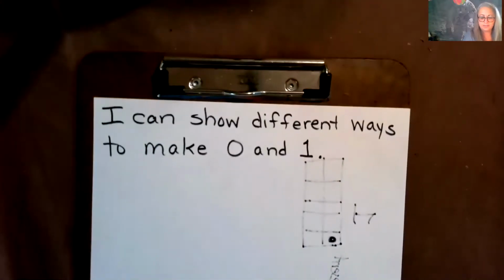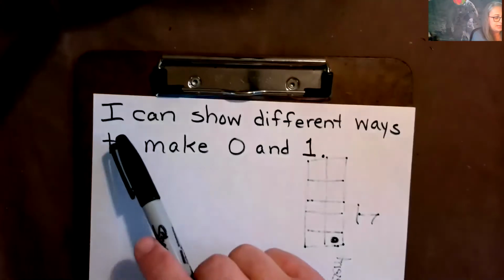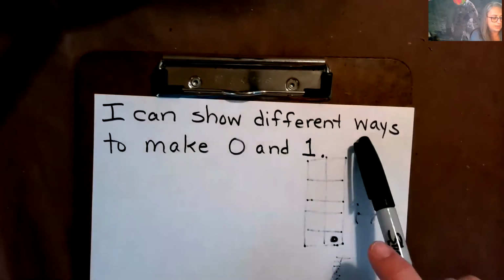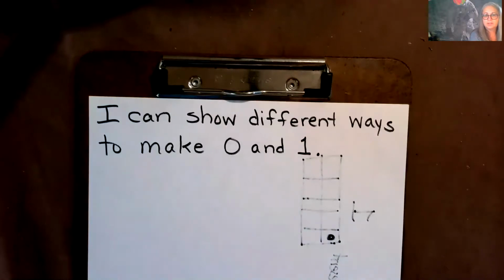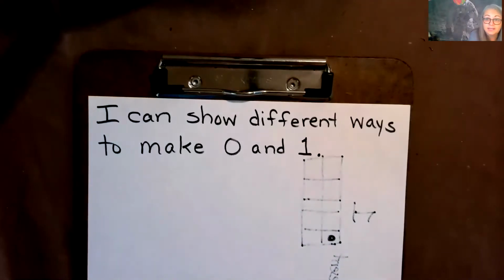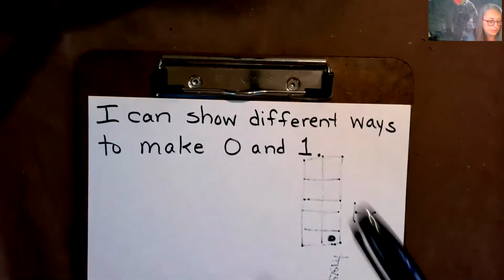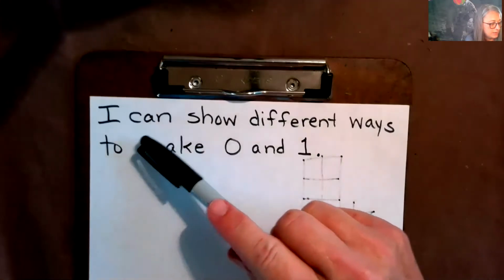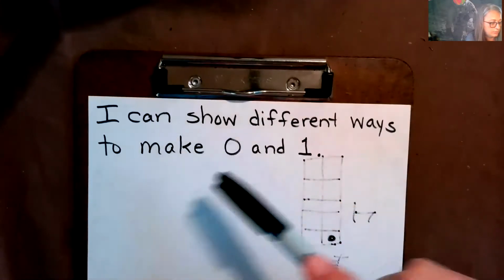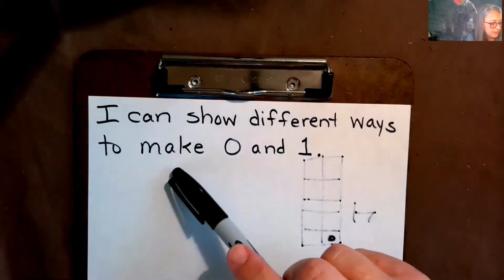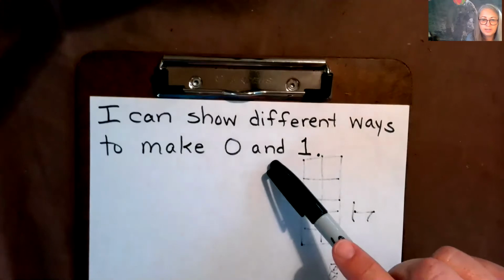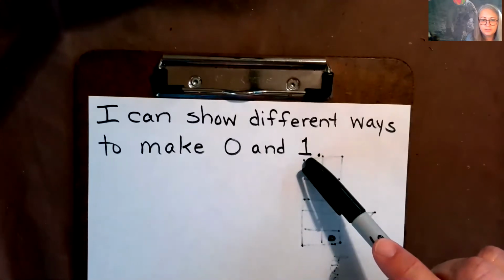So the I can statement for today's lesson is, I can show different ways to make 0 and 1. All right, now let's say it again, and I want you to say it with me, okay? I can show different ways to make 0 and 1.